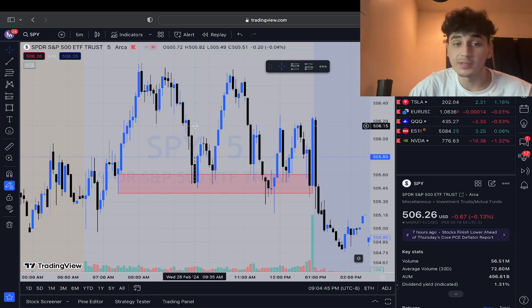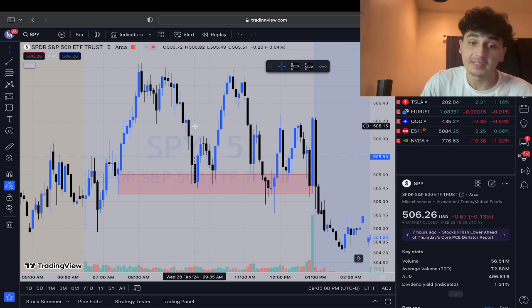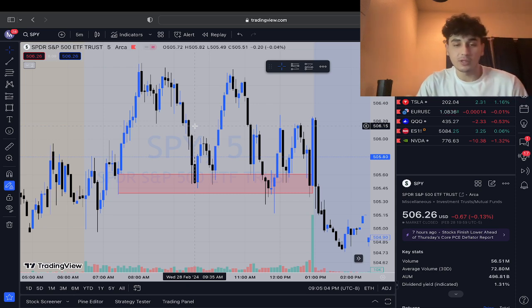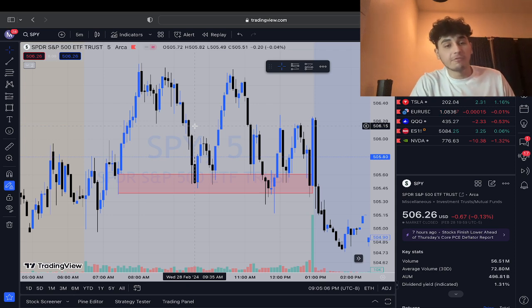And keep in mind, we are going to want to look for the first or second retracements into this zone. The reason for that is because the first or second retracements are going to be the strongest reversals inside those zones, due to the fact that there are more unfilled orders laying inside that demand zone on fewer retracements, if that makes sense.